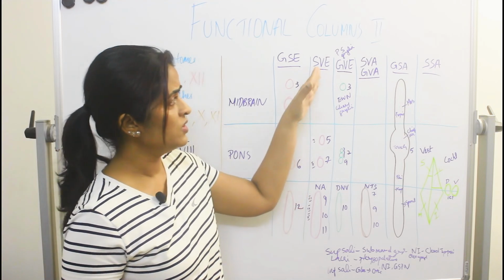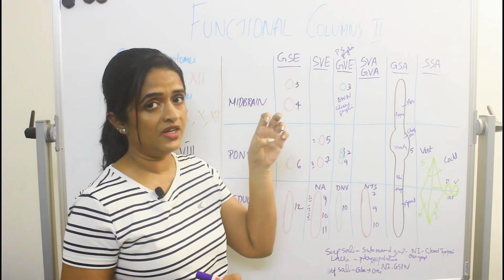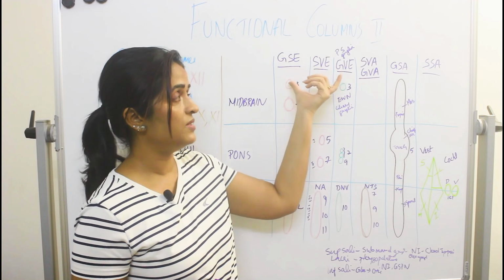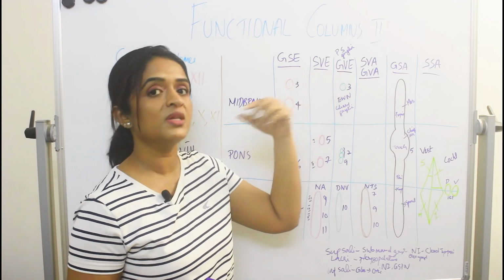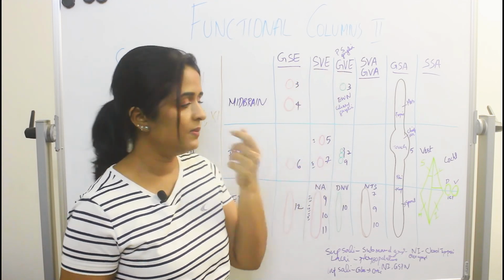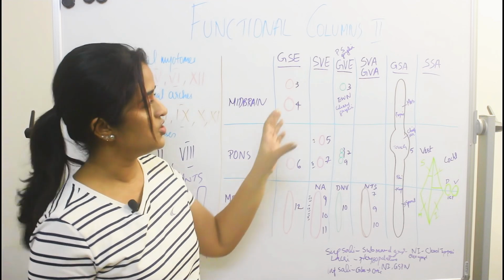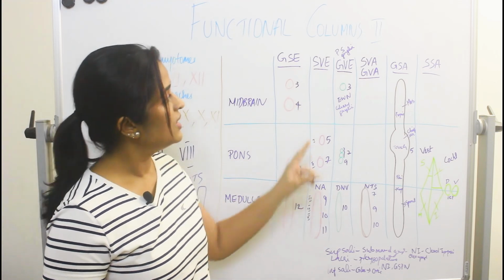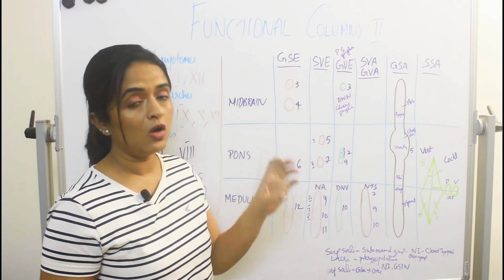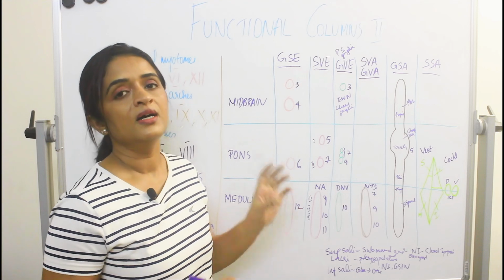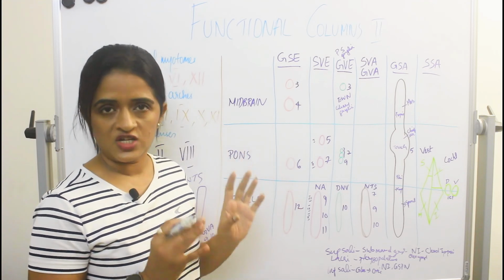Okay. When we see how the special visceral efferent is seen between the general columns, I have already dealt with that in part 1. Please do watch that in order to get a clear idea about this. So the special visceral efferent column will be supplying the derivatives of the pharyngeal arches.